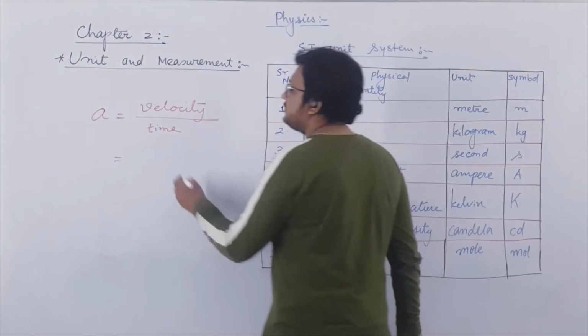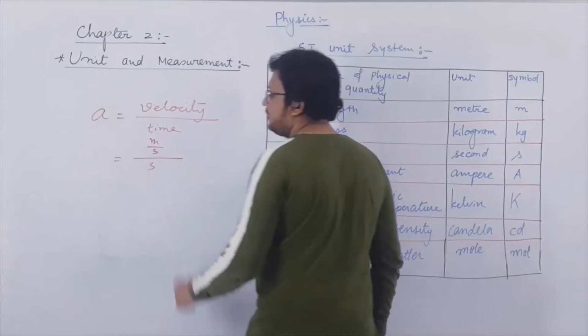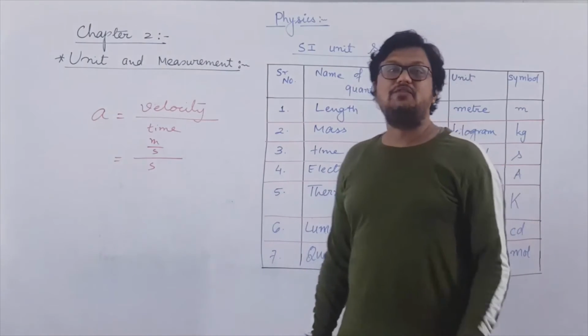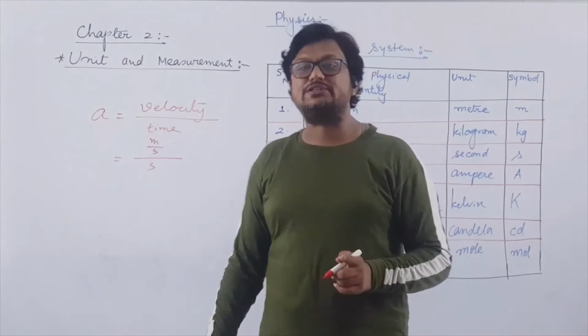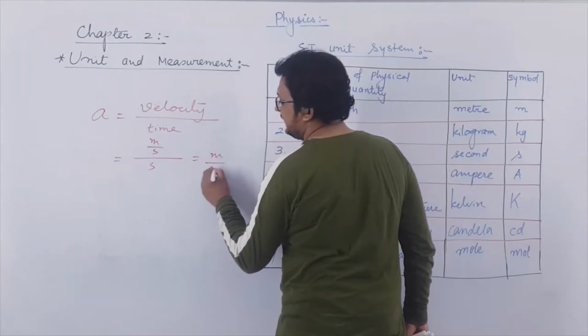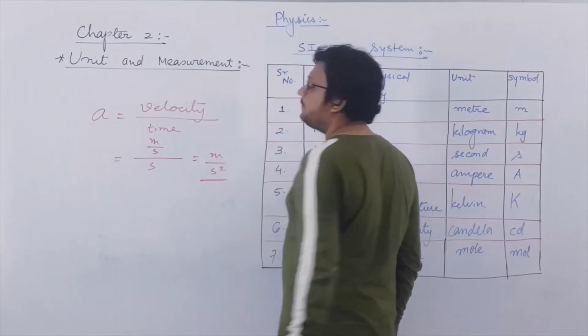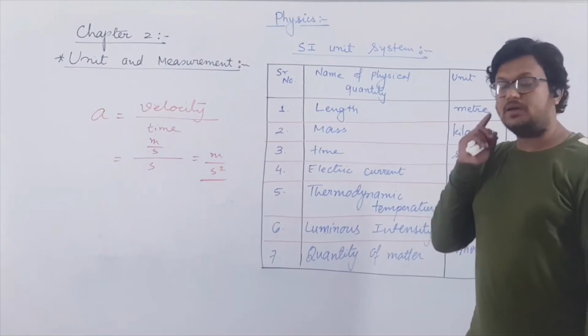So unit of velocity is meter per second, whole over time is second. So meter per second per second will not do, right? So you should have unit only in single ratio. Only in single ratio means here you should write this as meter per second square. Meter per second square. Say for example, we have any unknown physical quantity.